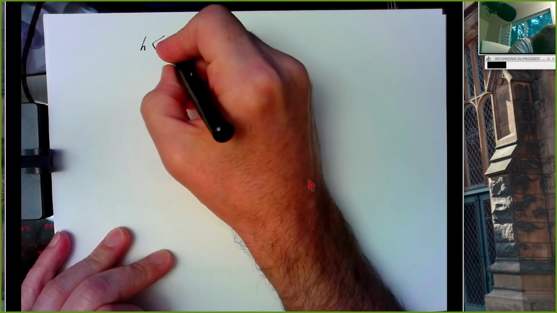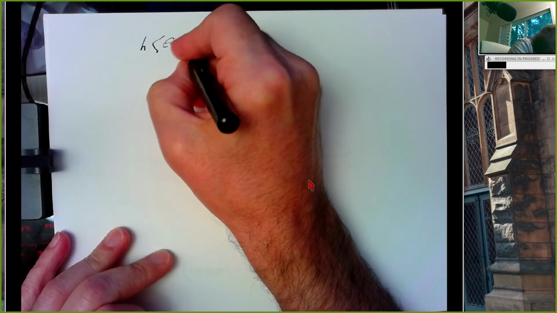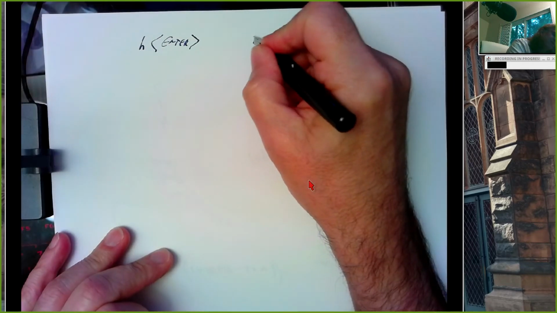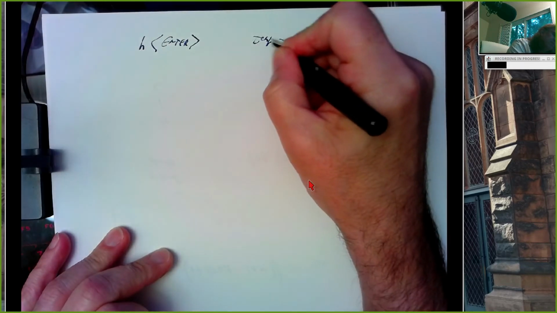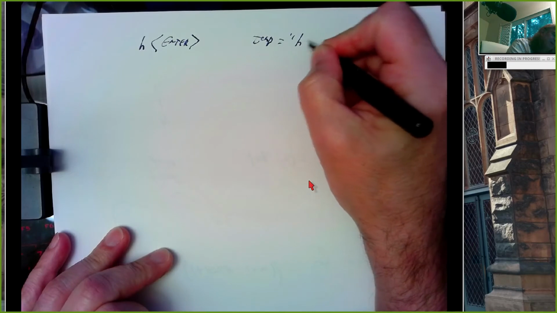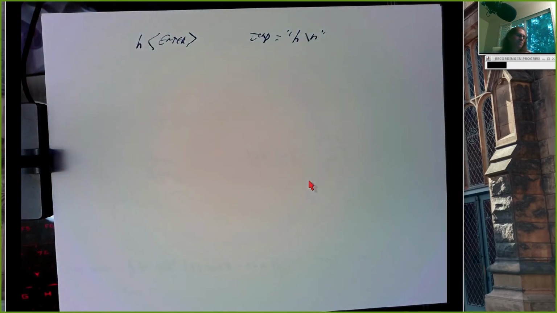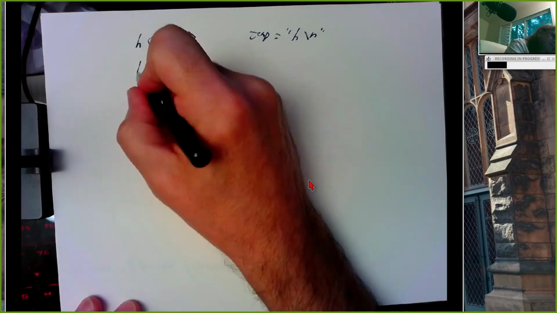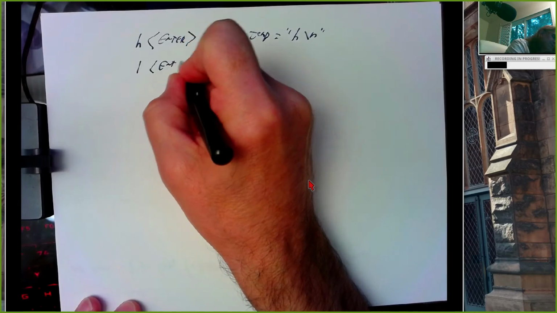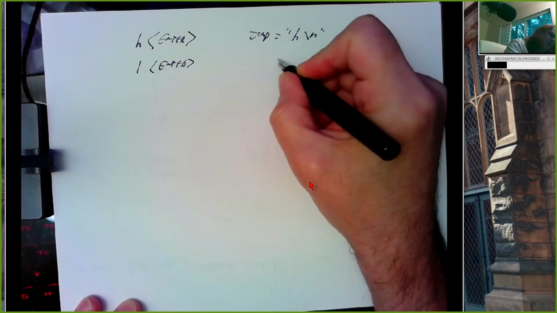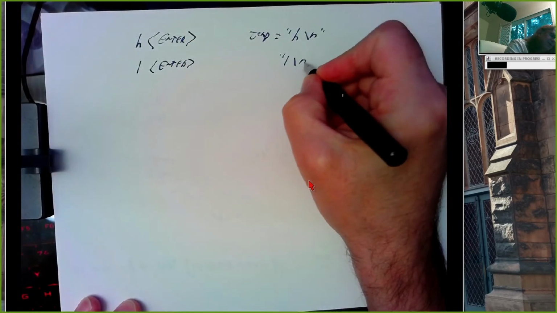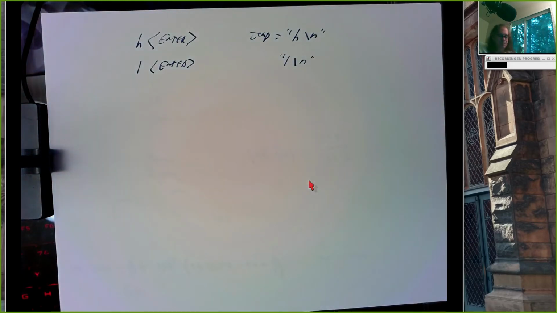So if the user types H followed by enter, and we're saving this in temp, it will look like H followed by a new line. The enter basically generates a new line. And if they type an L followed by enter, then temp would be equal to L followed by a new line, and so on.